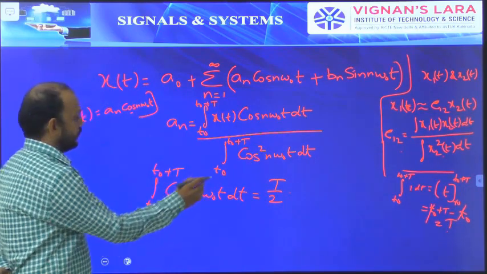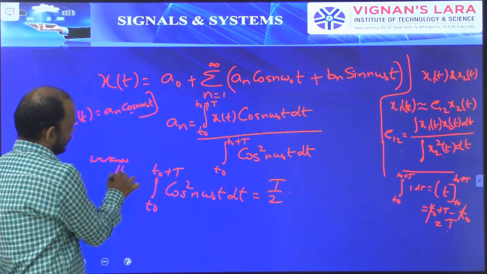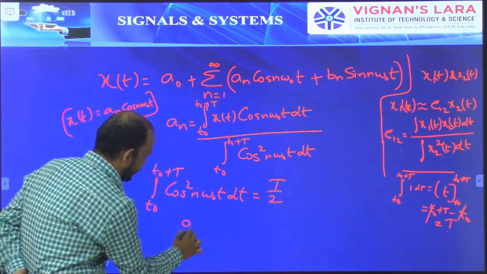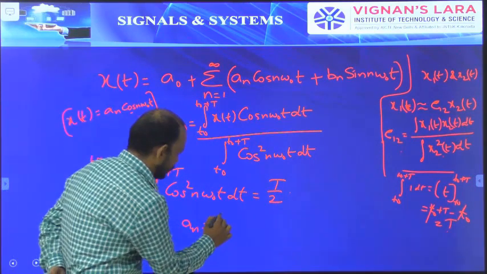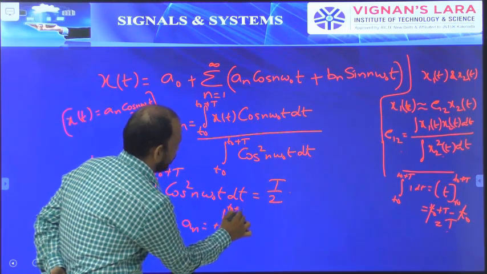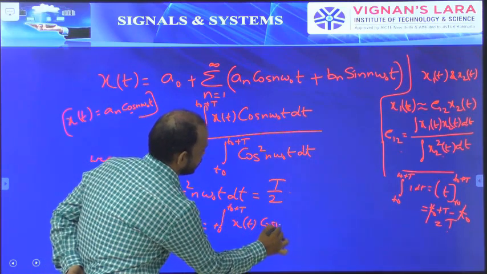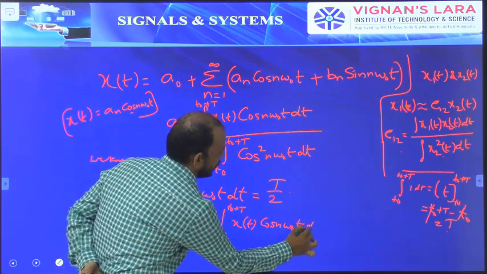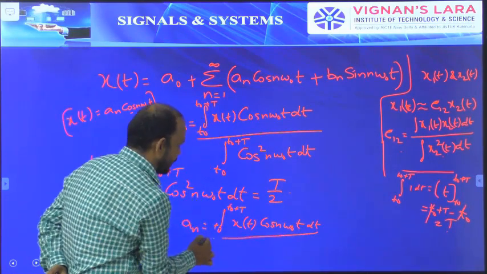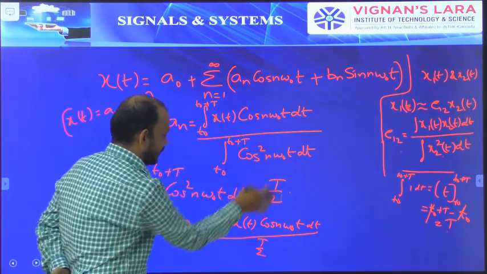So what we can write, we know that this one. So the value of a n, I need the value of a n. Here a n will be equal to integral t naught to t naught plus capital T of x of t cos n omega naught t dt, whole divided by the value T by 2, because this value is equal to T by 2.